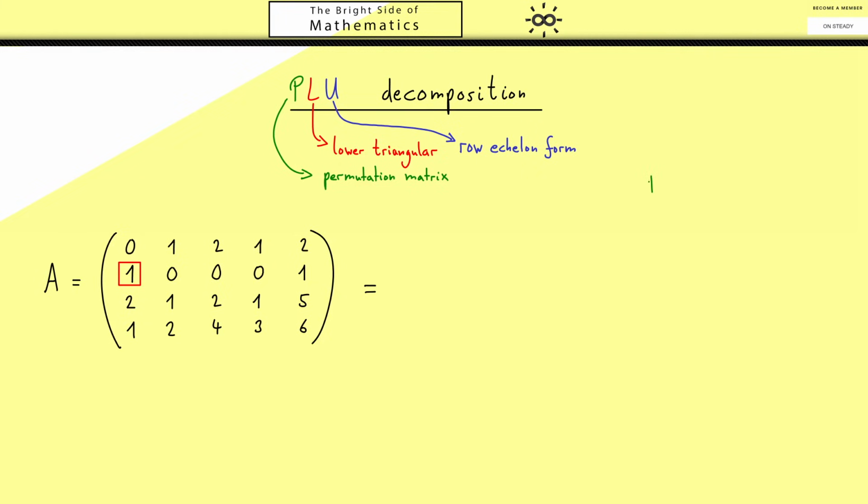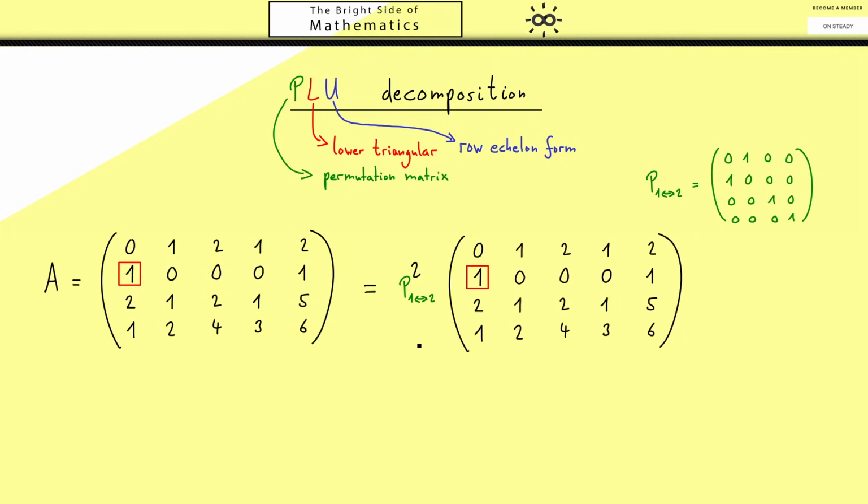Now a permutation matrix that exchanges row 1 with row 2 looks like this. It's simply a 4 times 4 identity matrix where we flip the two rows we are interested in. An important property is now, if we square that matrix, we get out our identity matrix. Hence, this is our first step, we just apply the identity matrix on the left.